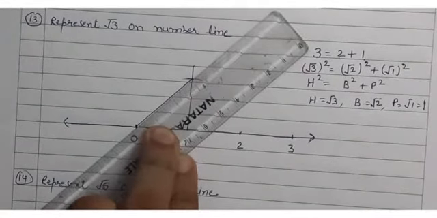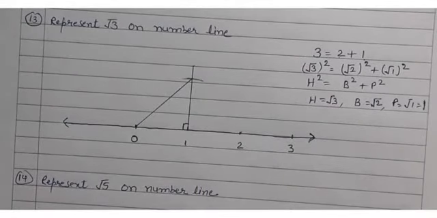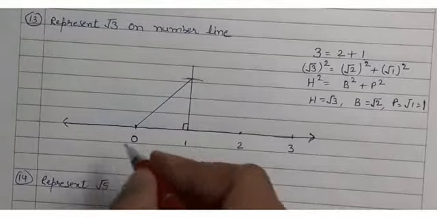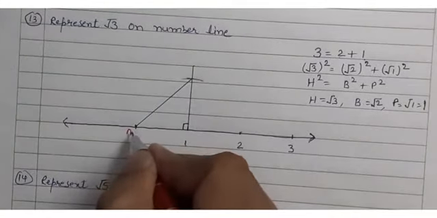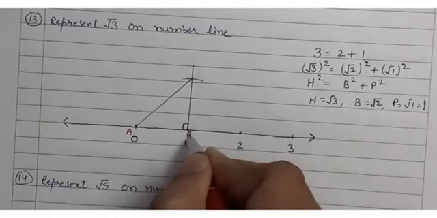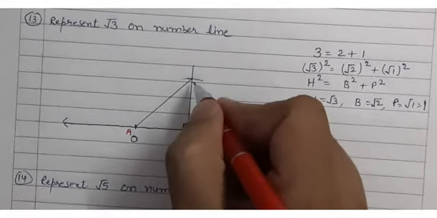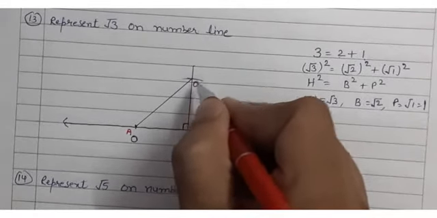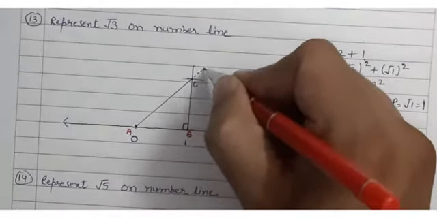Okay, now remove this, then you can label it, A, B, and this is your point C. I am going to extend this.